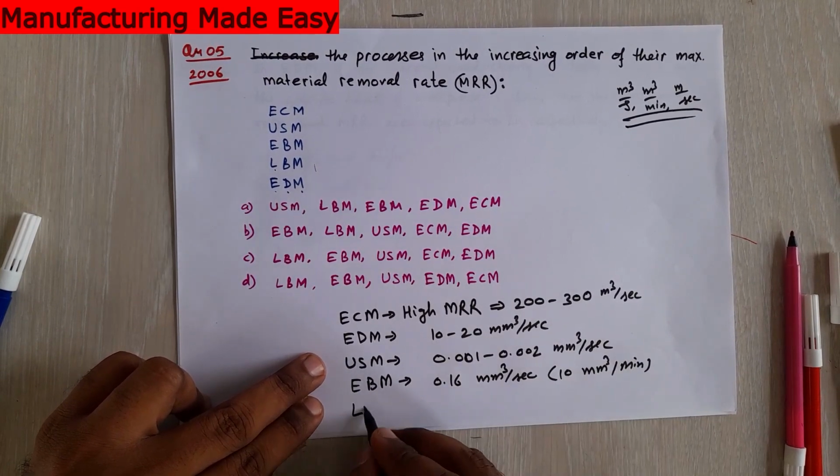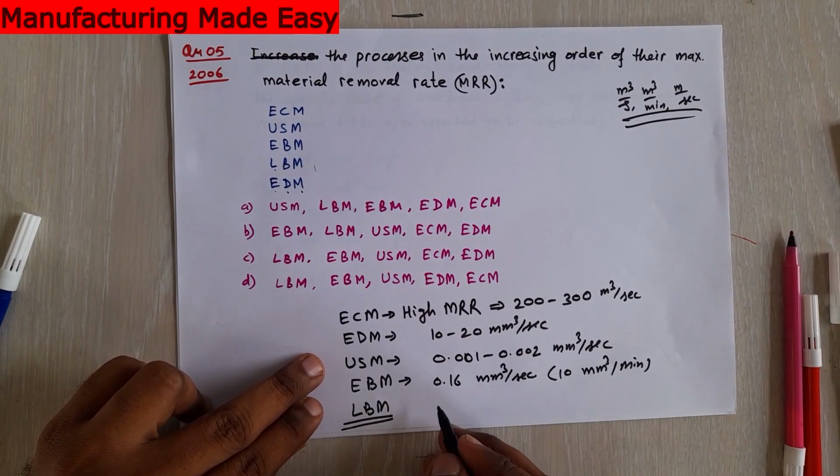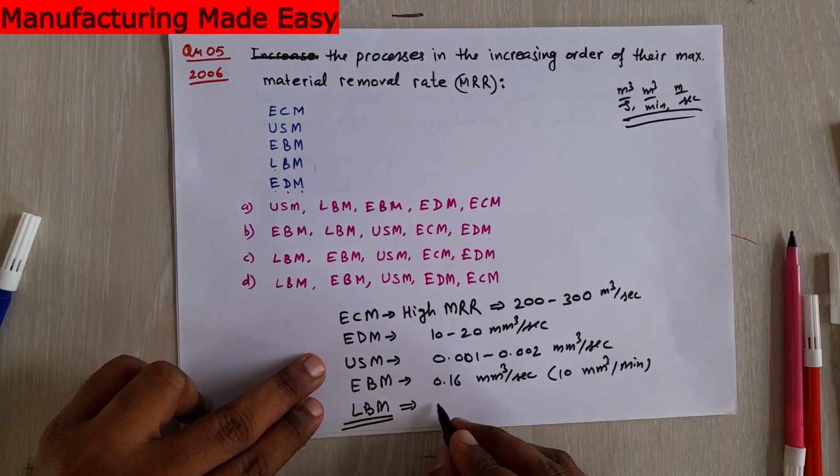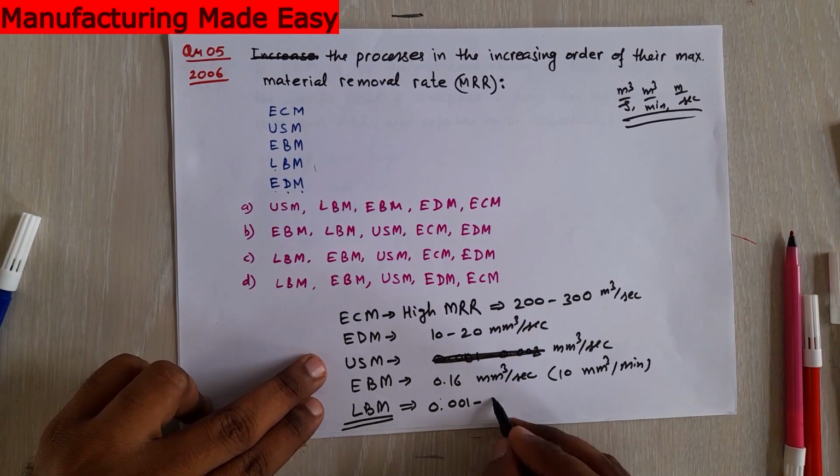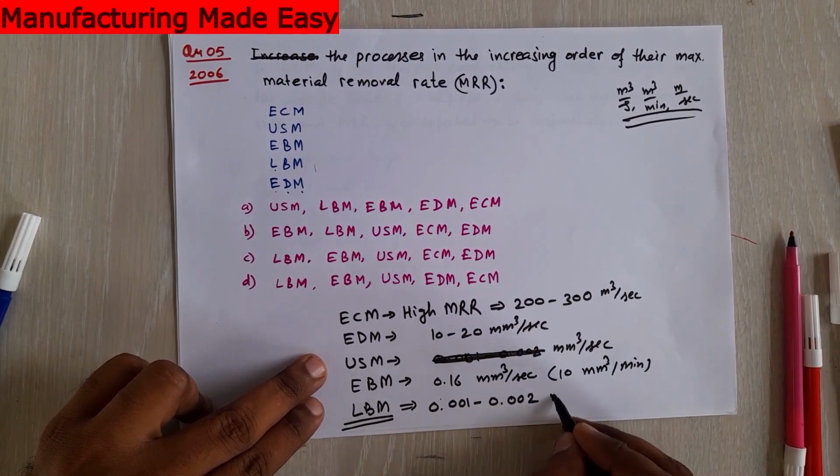LBM, laser beam machining, exhibits a very low machining rate, between 0.001 to 0.002 mm cube per second.